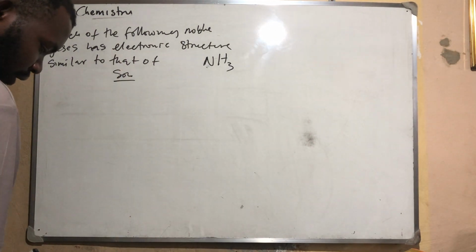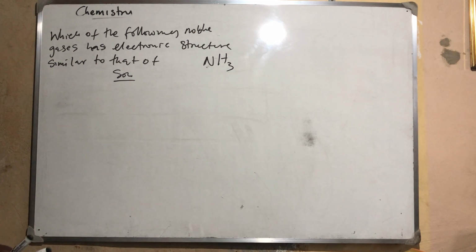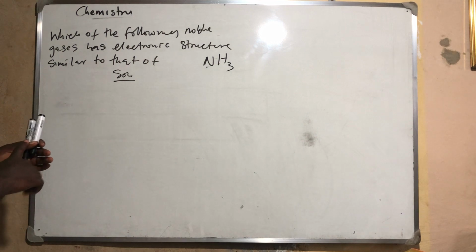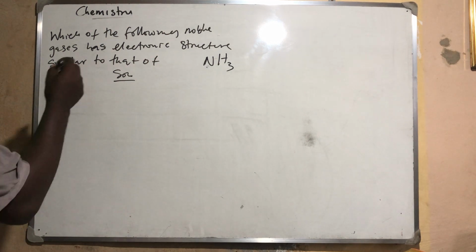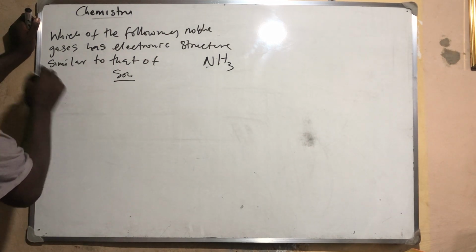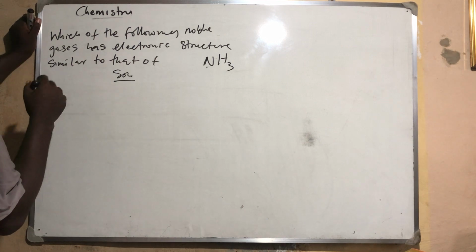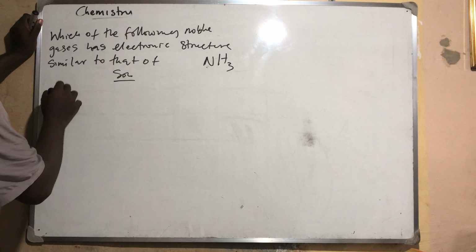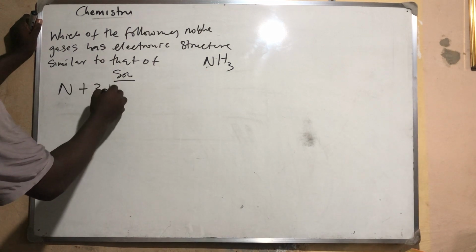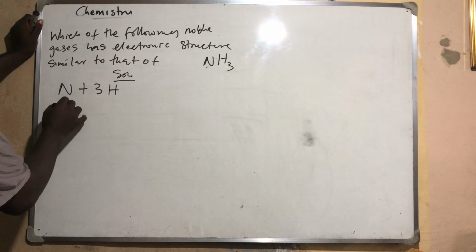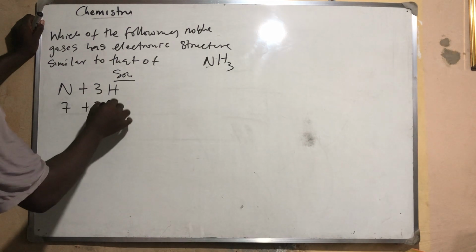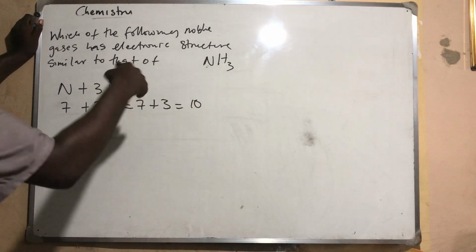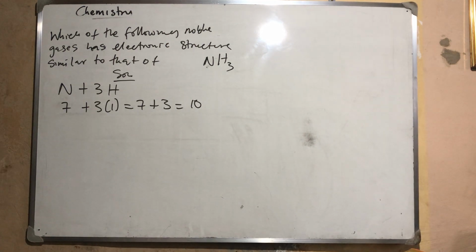Okay. Now, if you look at this, you see that NH3, hydrogen, helium, lithium, beryllium, boron, carbon, nitrogen. Now, nitrogen has seven atomic number, or seven electron, or 7 proton. So for this, it is N plus 3 of H, which is 7 plus 3 into 1, which is 7 plus 3, which is 10. So the total number of electron there is 10.